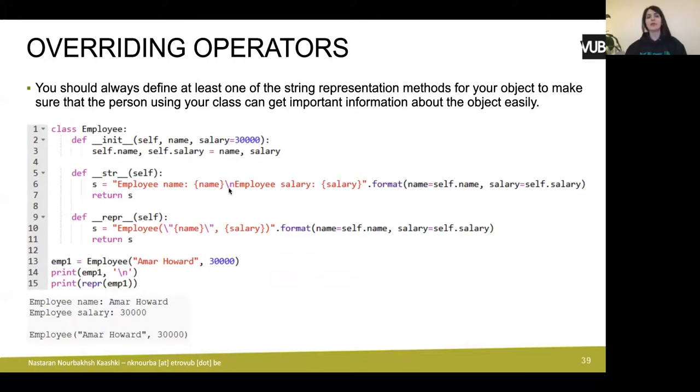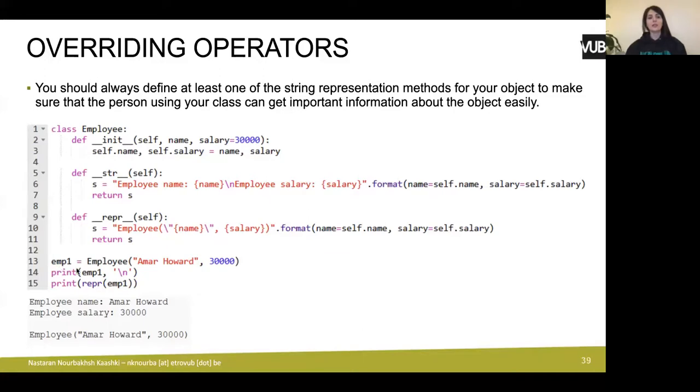I'm also using a /n here to have an enter. But in repr, I'm trying to let the user know how they can reproduce this object. So I'm writing the name of the class, which is the way that you can create an object from this class, and the name and the salary and the rest.